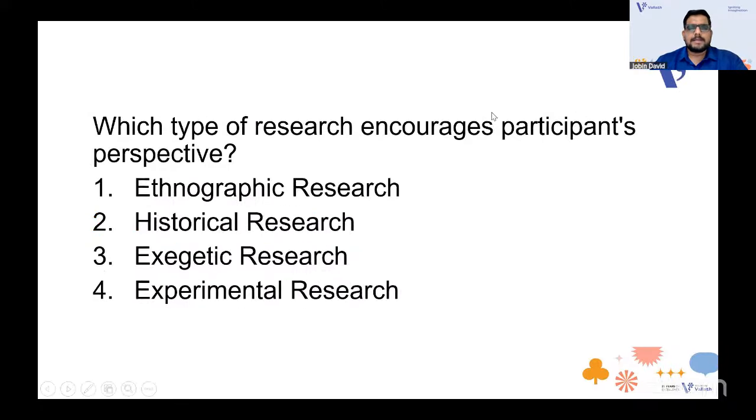Next one. Which type of research encourages participants' perspective? That means the researcher will be there, and the sample will be there. That is the way you can understand this question. Which type of research encourages the sample's perspective also? Ethnographic, historical, exegetic, or experimental?